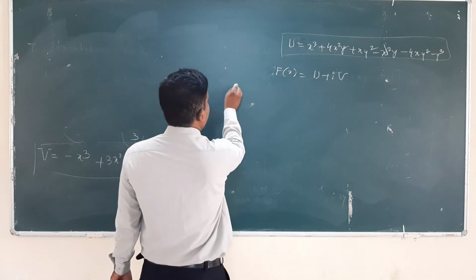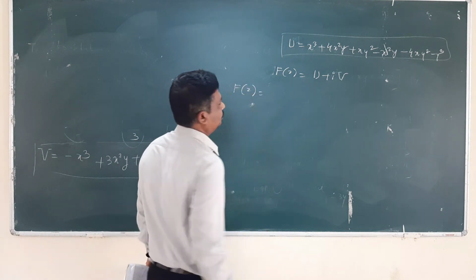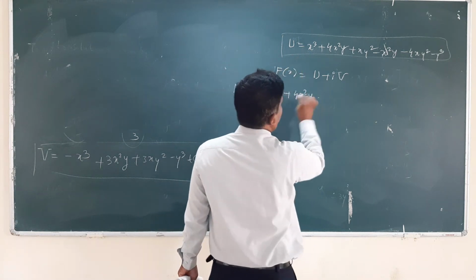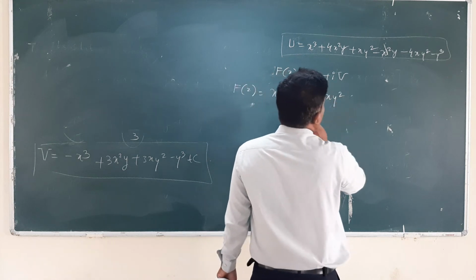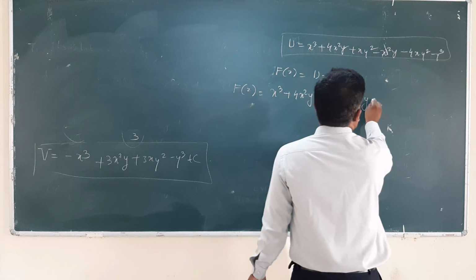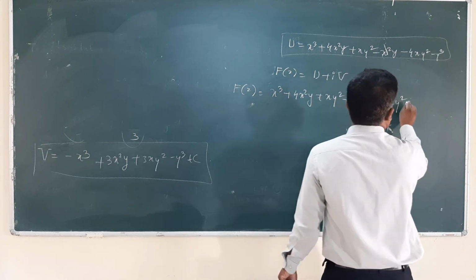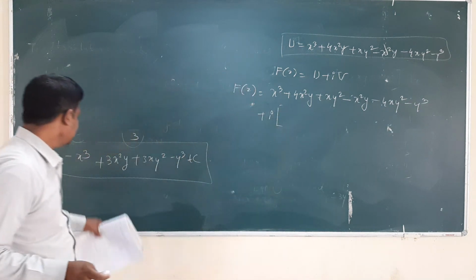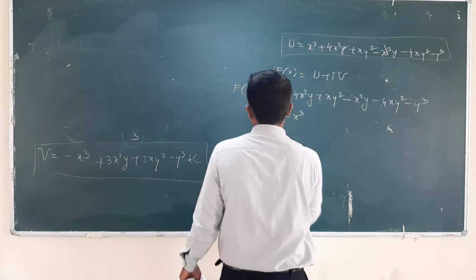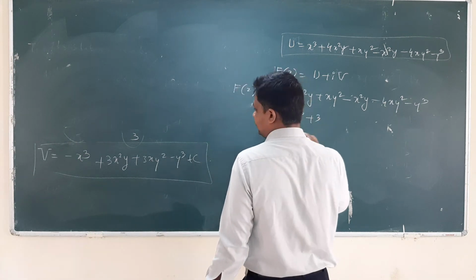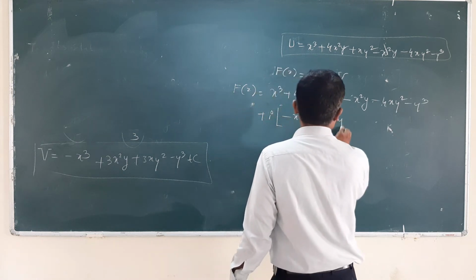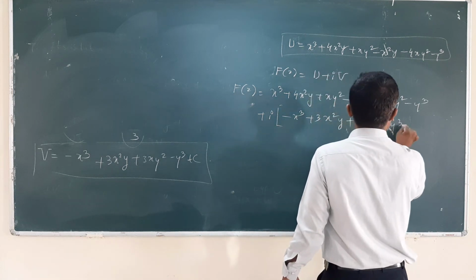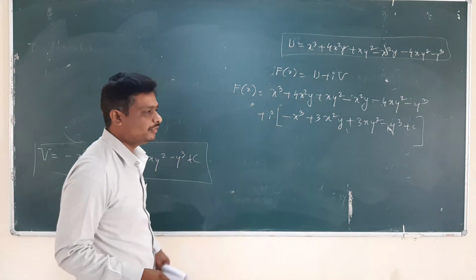Here u is x cube plus 4x square y plus xy square minus x square y minus 4xy square minus y cube, plus i into v, where v is minus x cube plus 3x square y plus 3xy square minus y cube, plus c. So now I will simplify this one.